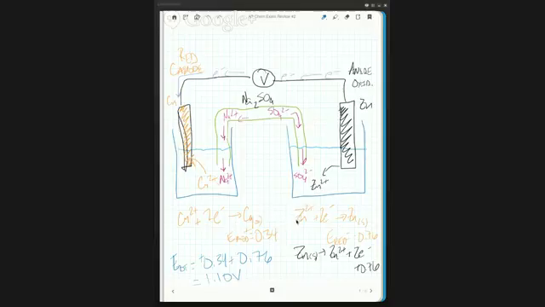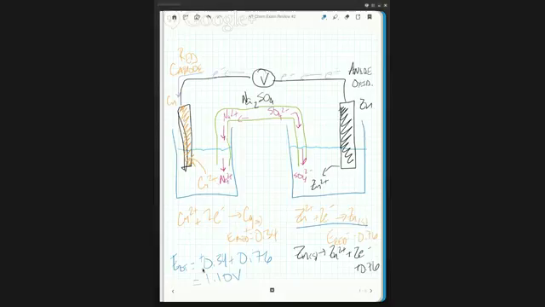So if I give you a reaction right here, you can see Zn2+ plus 2 electrons gives you zinc solid, and Cu2+ plus 2 electrons gives you copper solid. This is in a table they might give you. These are the reduction potentials: negative 0.76 for the zinc and positive 0.34 for the copper.